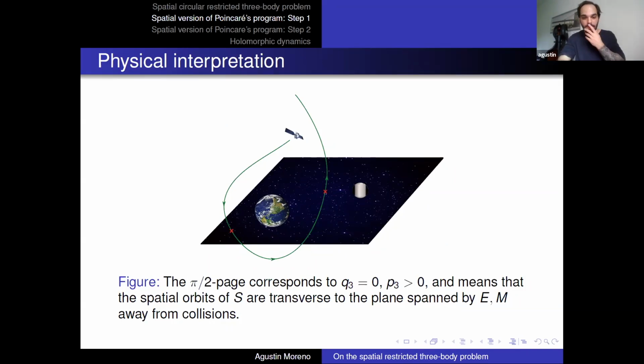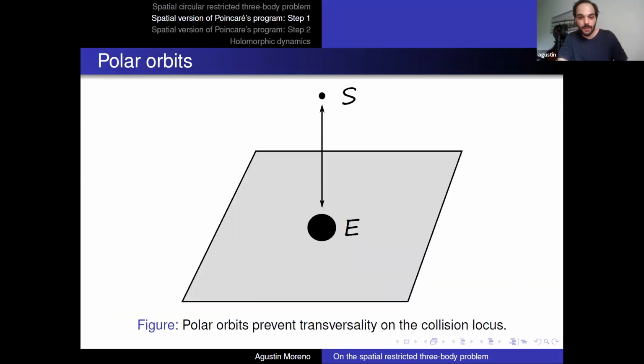For example, you could look at the rotating Kepler problem. And in the rotating Kepler problem, there's only the Earth here. And you can imagine you leave the satellite up here with no velocity. So it is going to be attracted by the Earth and it's going to crash against it. And because I regularize, it's going to crash, but then it's going to come back up to the original position. So it's going to keep bouncing like this forever. So this is a periodic collision orbit, which we call the polar orbits, over the North Pole and over the South Pole.